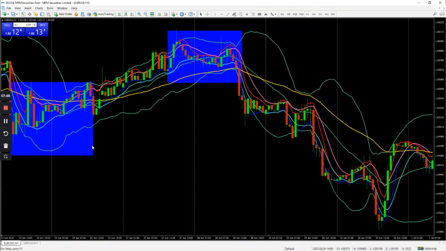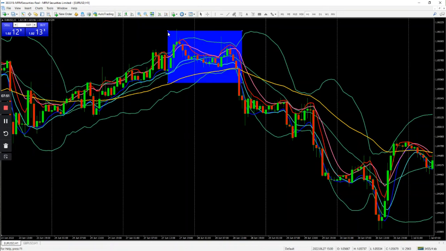So there are several things you need to know in BBMA. The first thing is the moving average is not supposed to be outside the Bollinger Band. If it's outside, then it's identified as extreme.